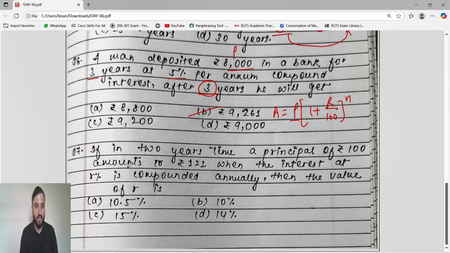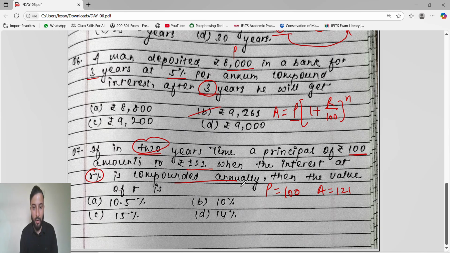And the last question. If in 2 years a principal of 100 amounts to 121, at the interest rate r compounded annually, then you have to find the r value.